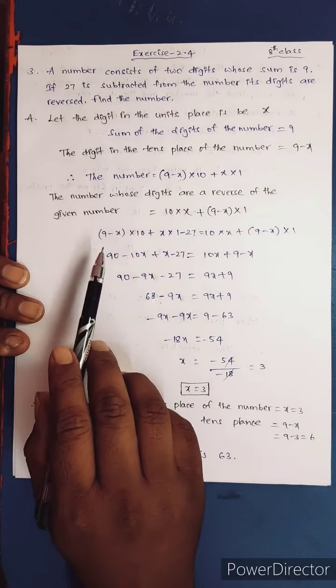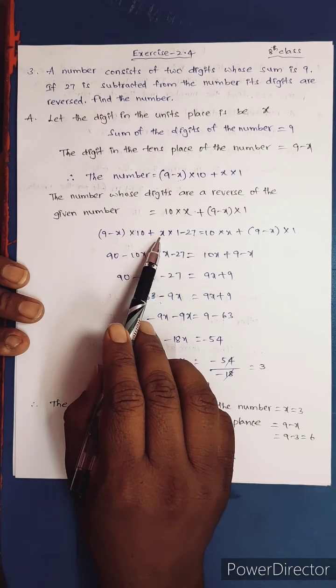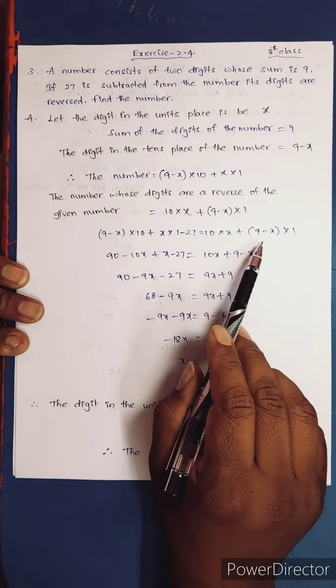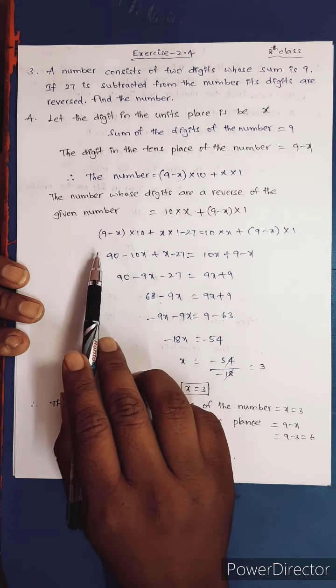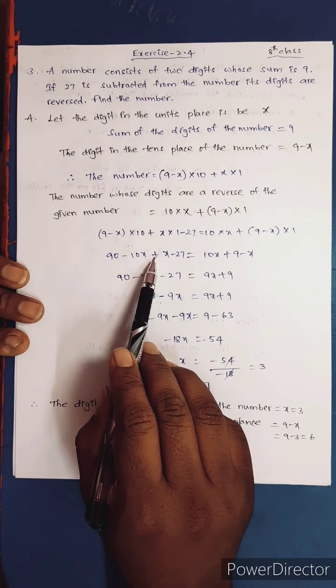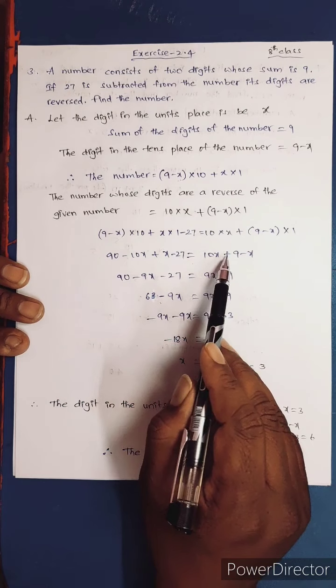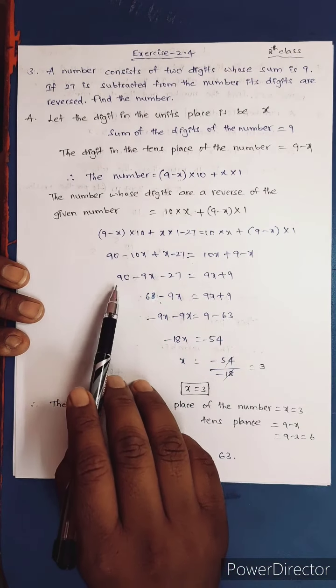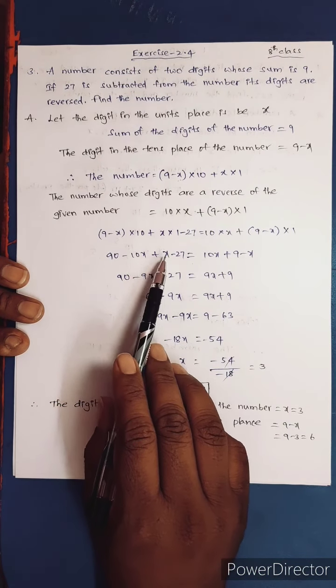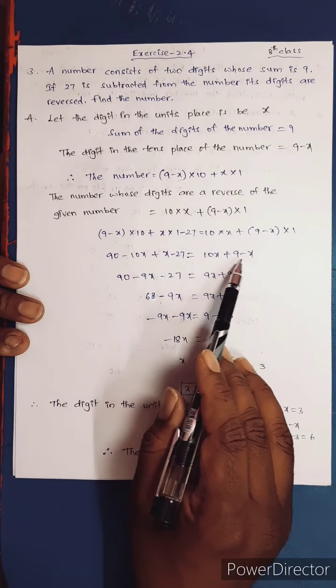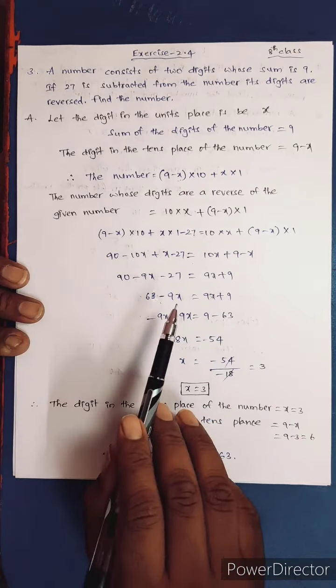So as per the condition, when you subtract 27, these digits are reversed. Then 10 9s are 90 minus 10x plus x, minus 27 is equal to 10x plus 9 minus x. Now 90 minus 10x plus x, the difference is minus 9x, minus 27. 10x minus x is 9x, plus 9.